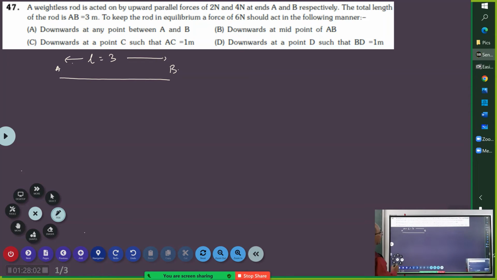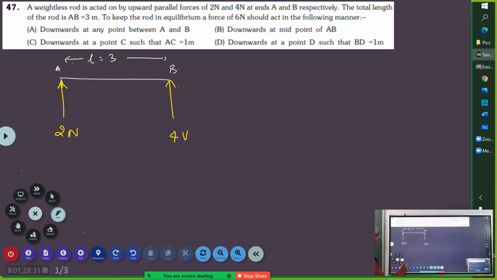There are two upward parallel forces, 2 N at A and 4 N at B.